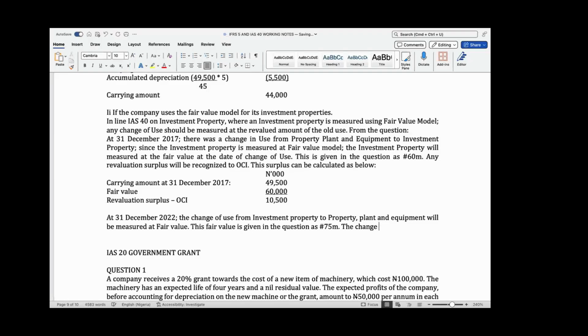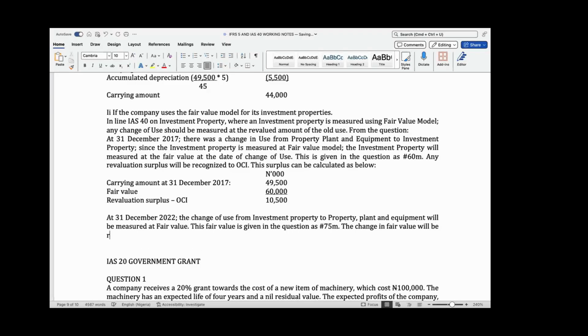With the changes in fair value, recognize to where? Can you tell me? P&L or OCI? Profit or loss. Profit or loss. Right.